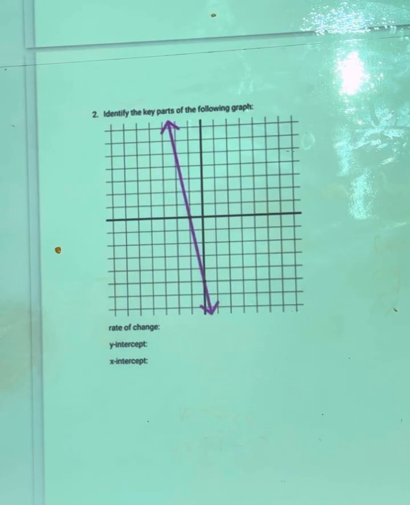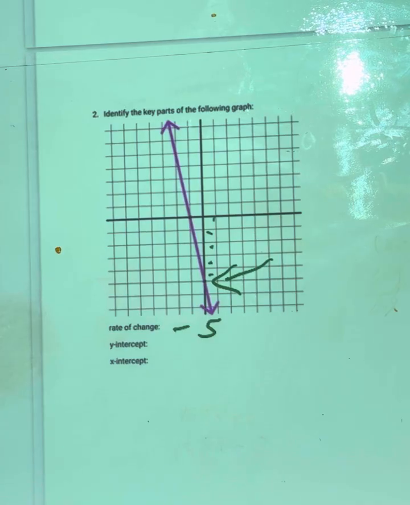Okay, so positive or negative? Negative. So before I start counting, because y'all know I'll forget, I put a negative in that box, and then I start counting. So how many are we gonna rise? 5. That's what I counted. Over 1, which is 5. Y-intercept is right there, correct?